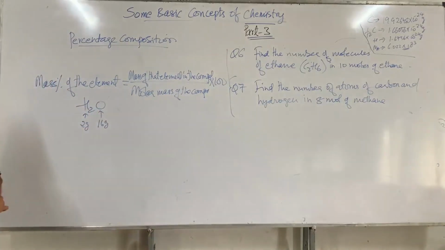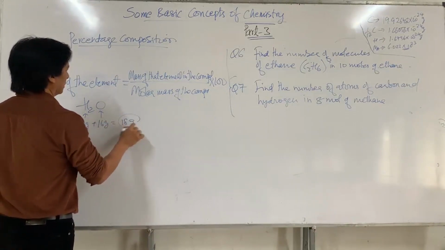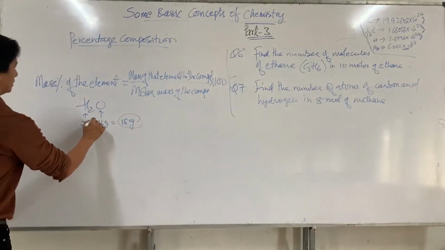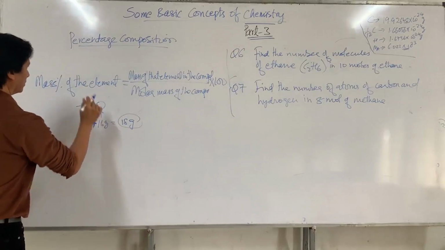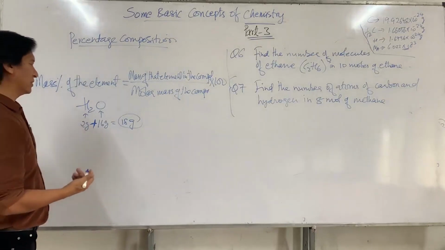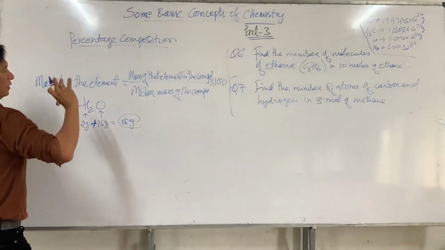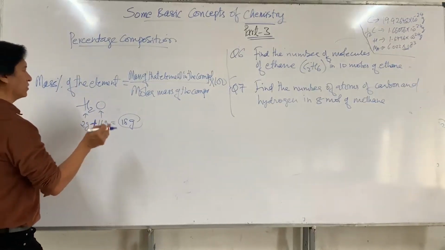So finally the total, the sum of these two, is 18 grams, right? That's it. Now, since we are talking about percentage composition, we'll calculate these in terms of percentage: the percentage of hydrogen in water and the percentage of oxygen in water.